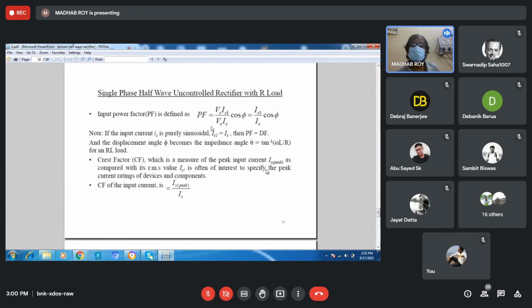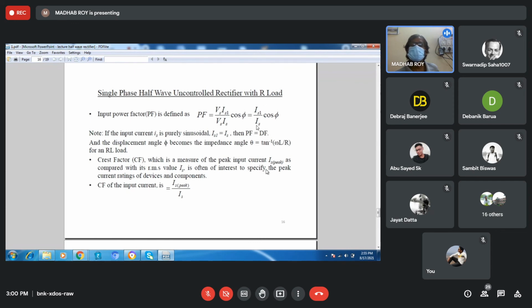Now the input power factor is defined like this, with Vs, Is1, the displacement angle, and Vs, Is. So the power factor is now not only cos phi. It is the ratio of the fundamental component to the RMS component, in case harmonics are produced.